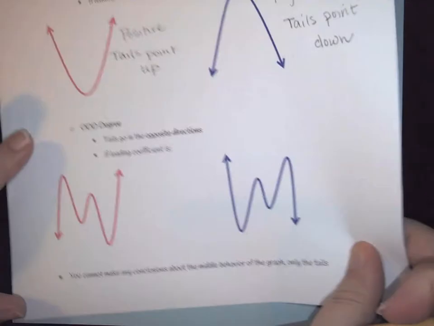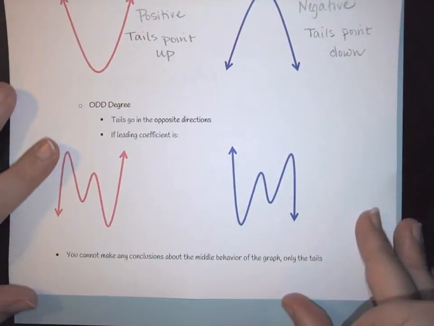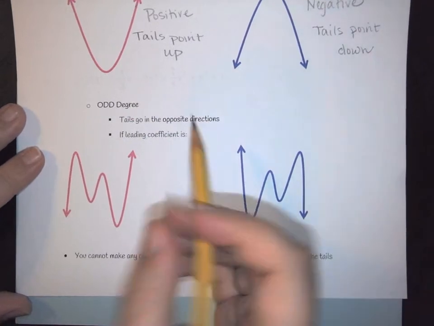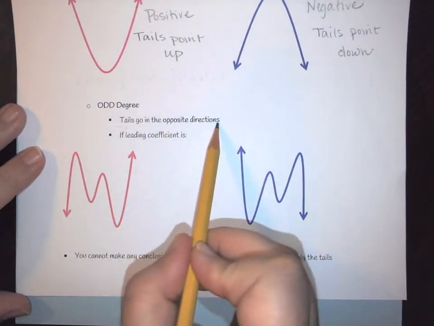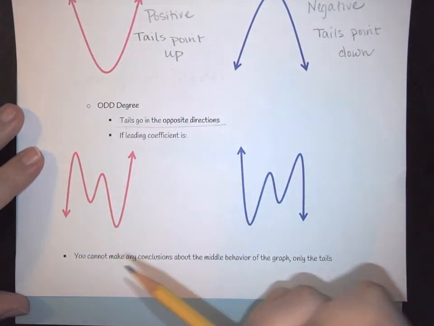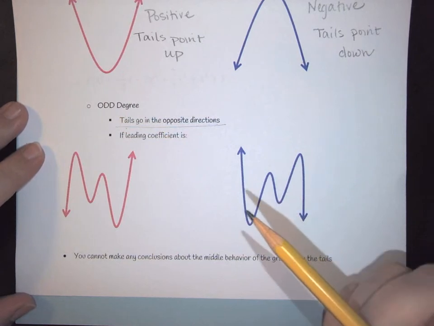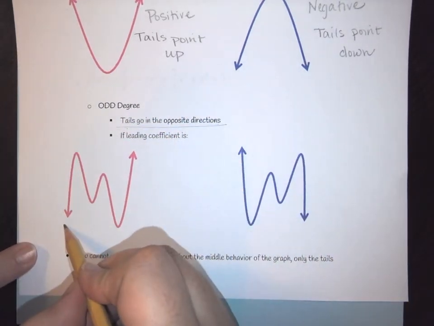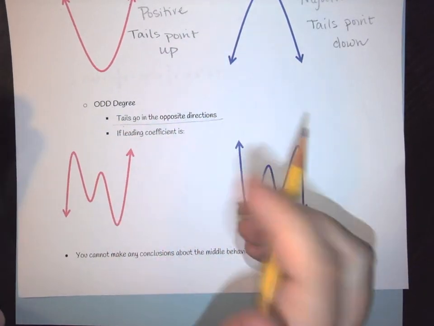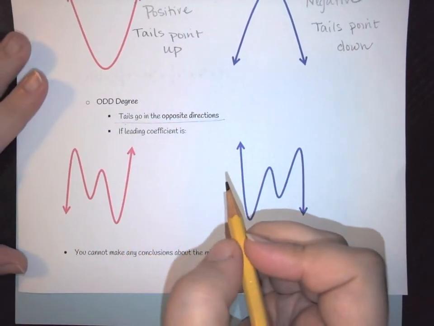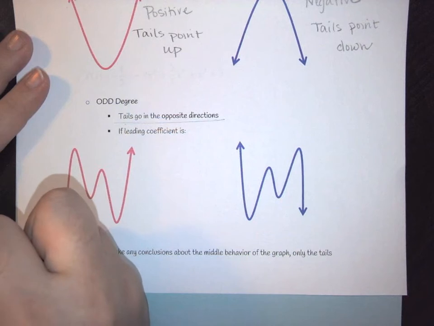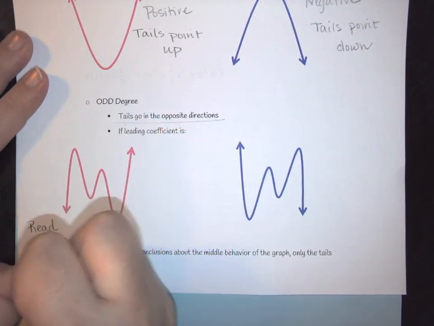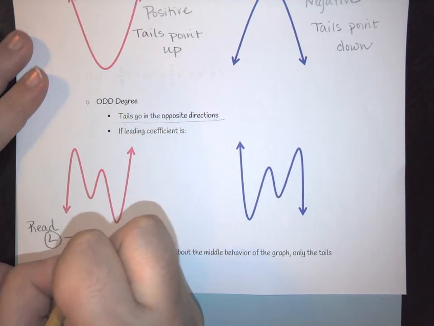Now, odd degrees also have two possibilities. With odd degrees, your tails are always going to go in the opposite directions, and so what those directions are doing is what matters. If you start on the leftmost side, okay, so when you read your graph, you are always going to read from the left side through to the right.